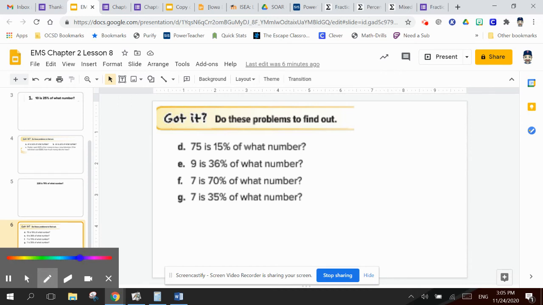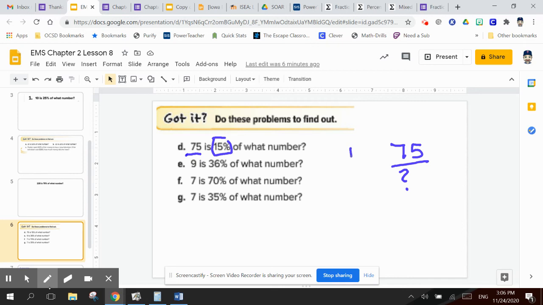Letter D, 75 is 15% of what number? So again, 75 is my part. I'm trying to find the total. 15% as a fraction is 15 over 100. Cross multiply. 100 times 75 is 7,500.